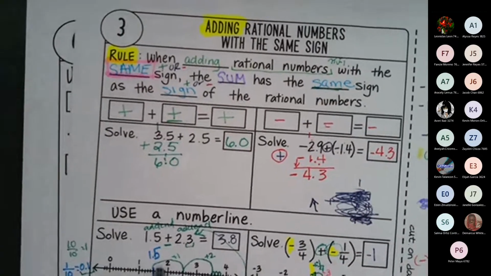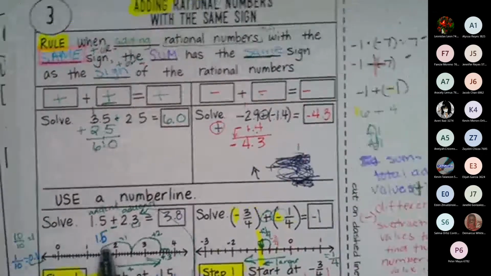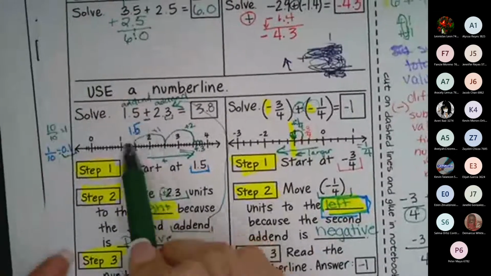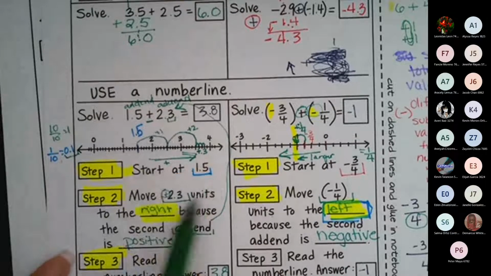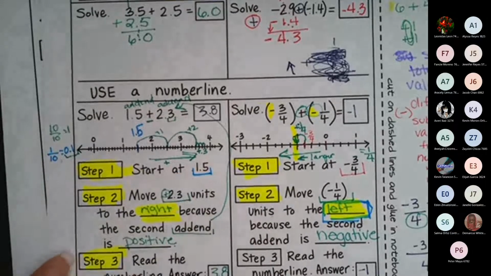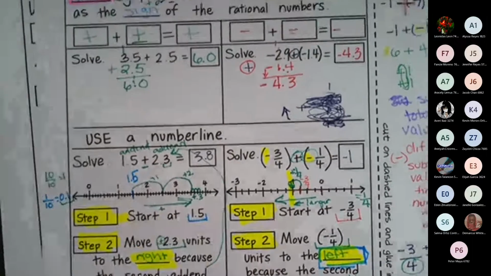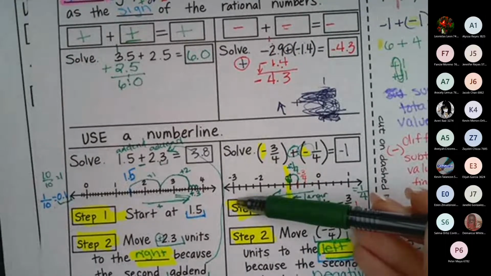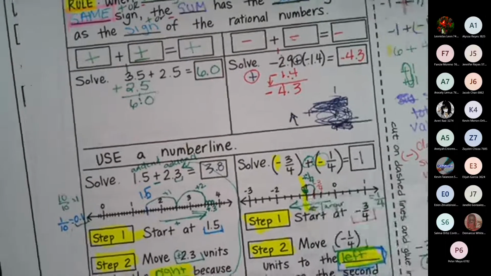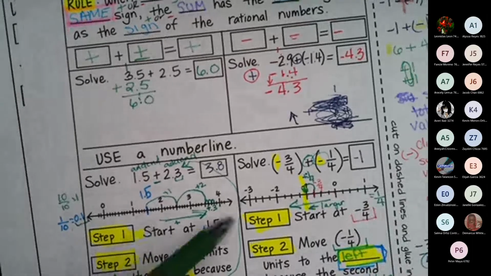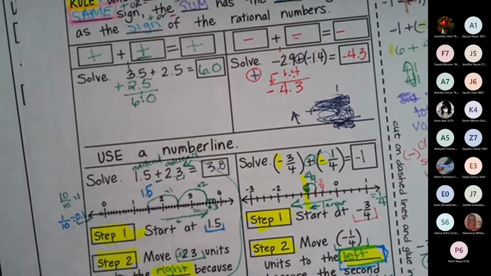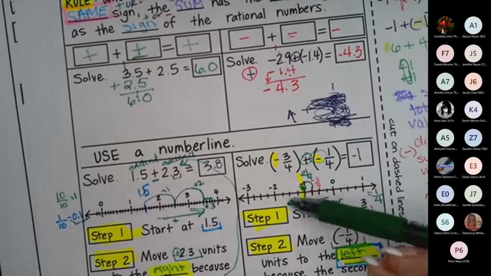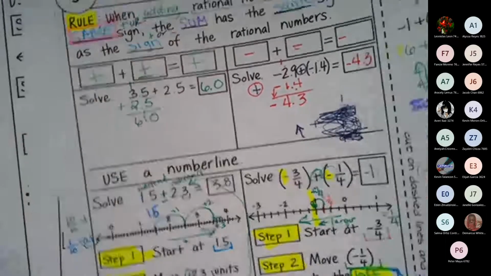Okay, so watch as we moved across the number line. We added two positive numbers. We moved it to the right for it to gain value in the positive direction. If we had two negative numbers, it gained value in the negative direction. Did I say that backwards? We gained value in the positive direction when we had positive numbers, and gained value in the negative direction when we had negative numbers.